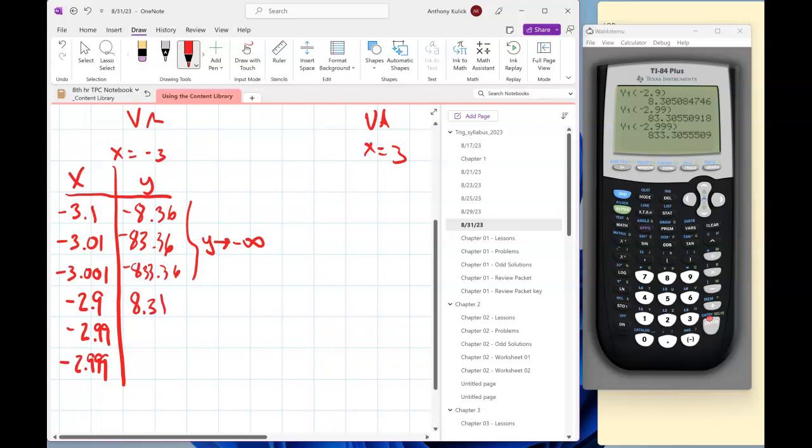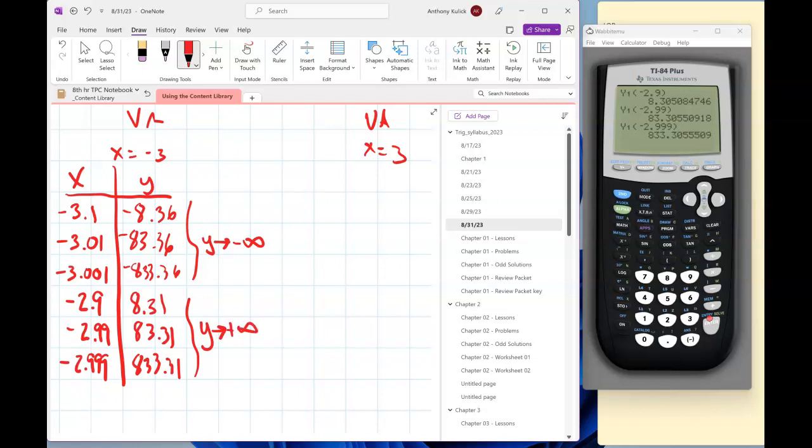So I have 83.1, 833.1, and then 8333.1. And again, those numbers are getting bigger and bigger without bound. That tells me that we're going to +infinity. So the fact that we're going to infinities is confirming that, yes, I do have a vertical asymptote here.